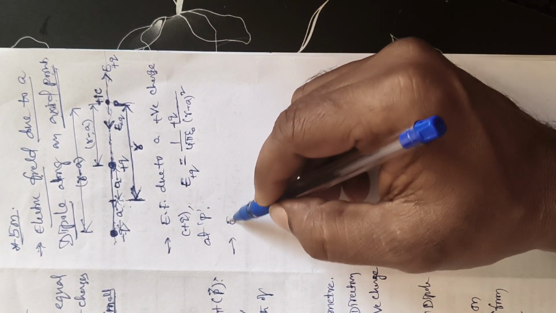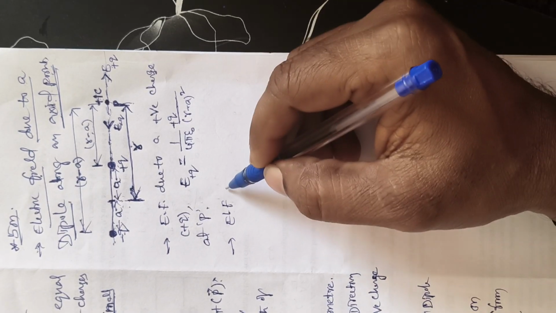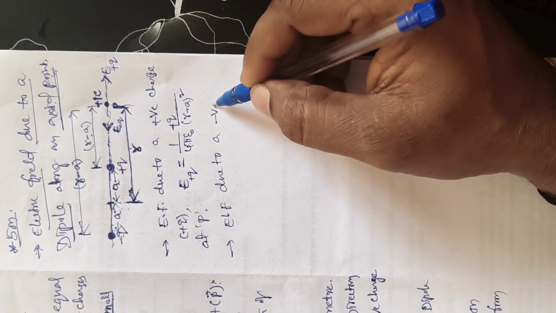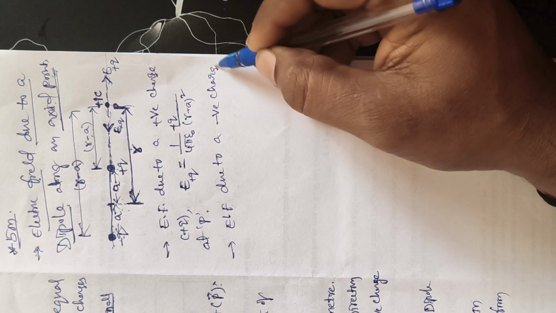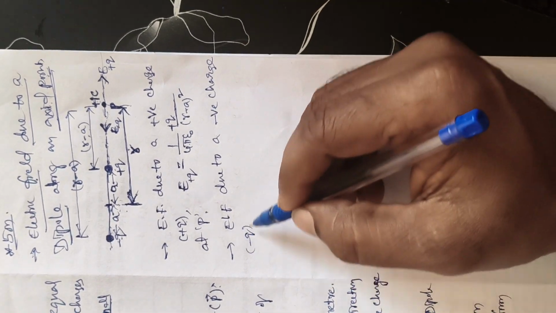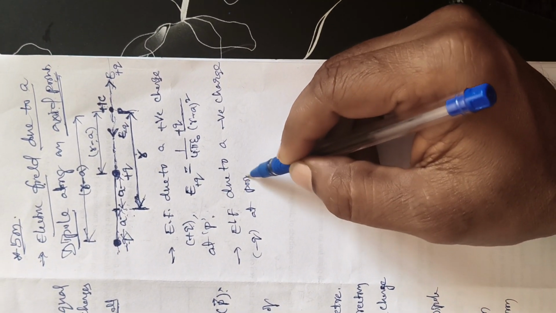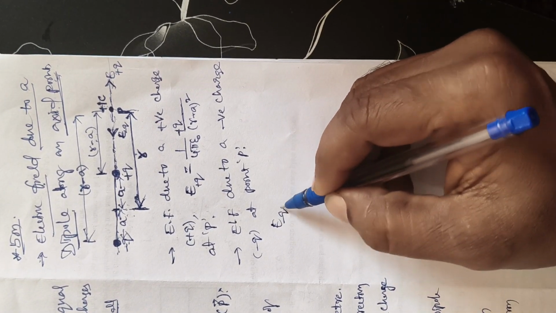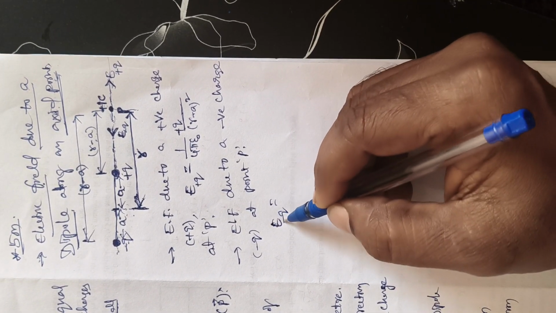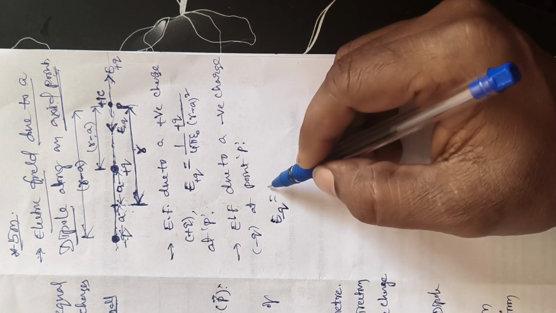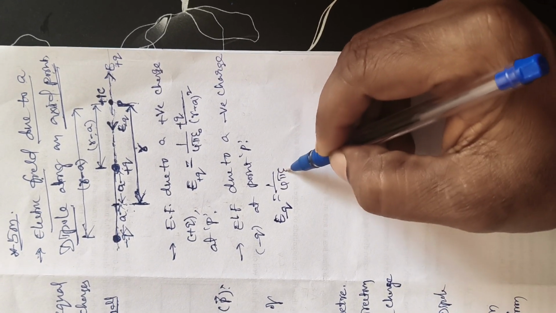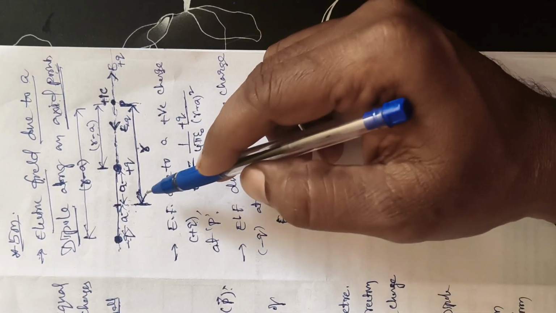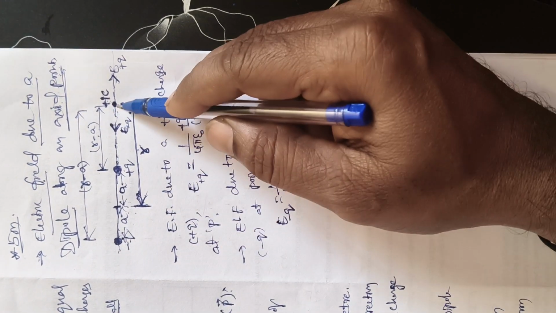Same like that, the electric field due to a negative charge at point P. So E minus q is equal to 1 by 4 pi epsilon naught, minus q by r. So what is the distance from minus q to point P?